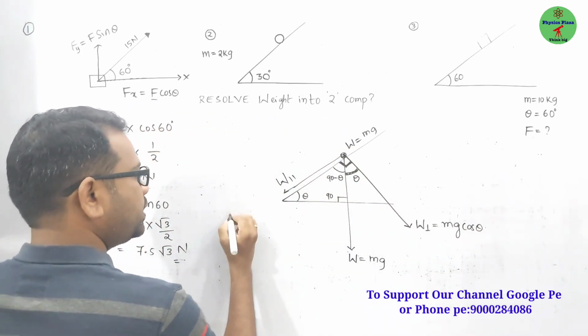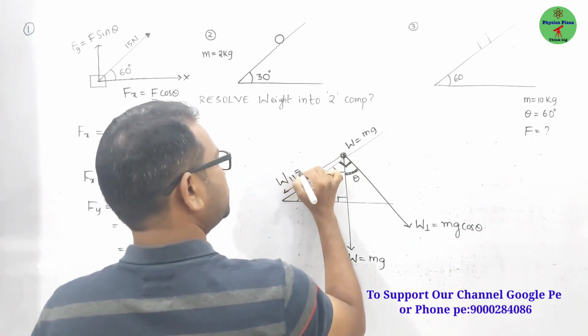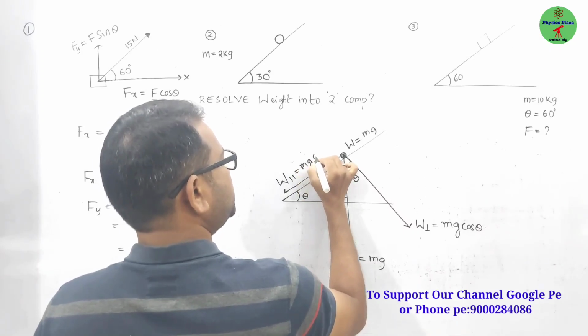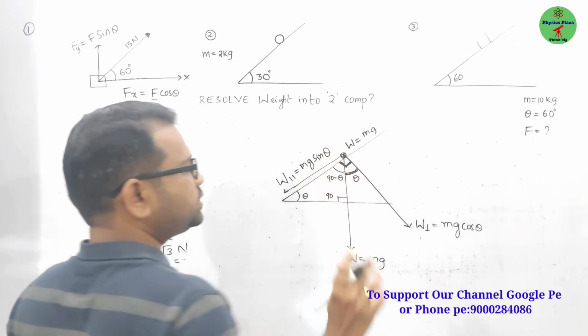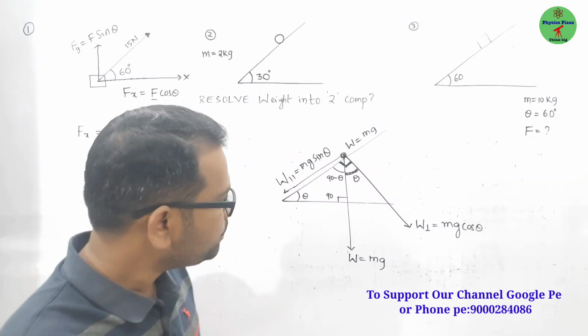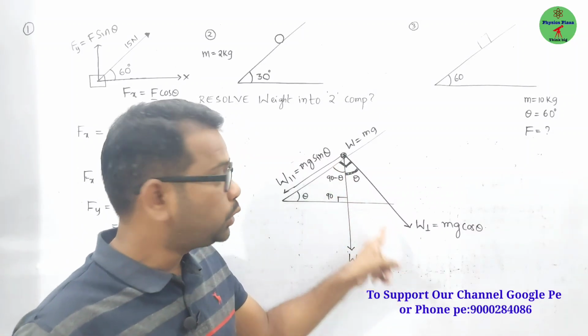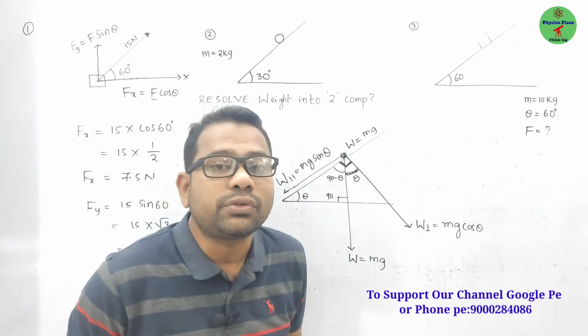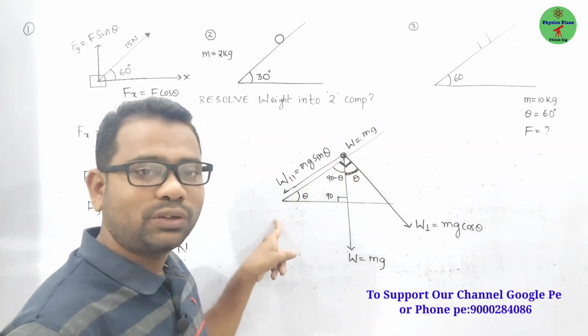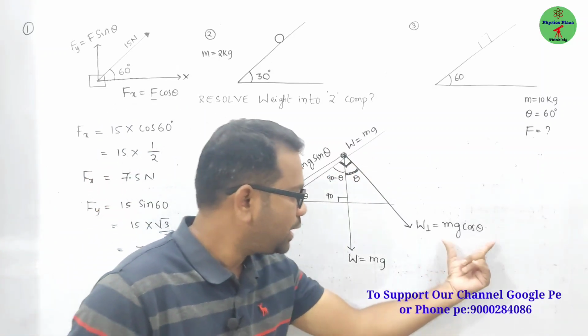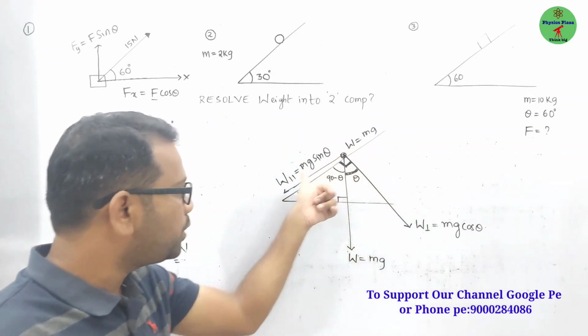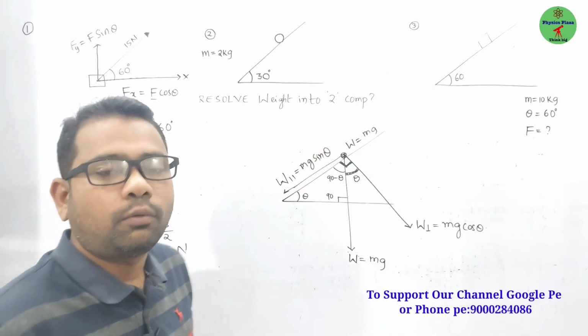Obviously this is going to be mg sin theta. Children, it's very important. Try to understand, don't get confused. For this inclination, the vertical component is going to be mg cos theta and the parallel component is going to be mg sin theta.